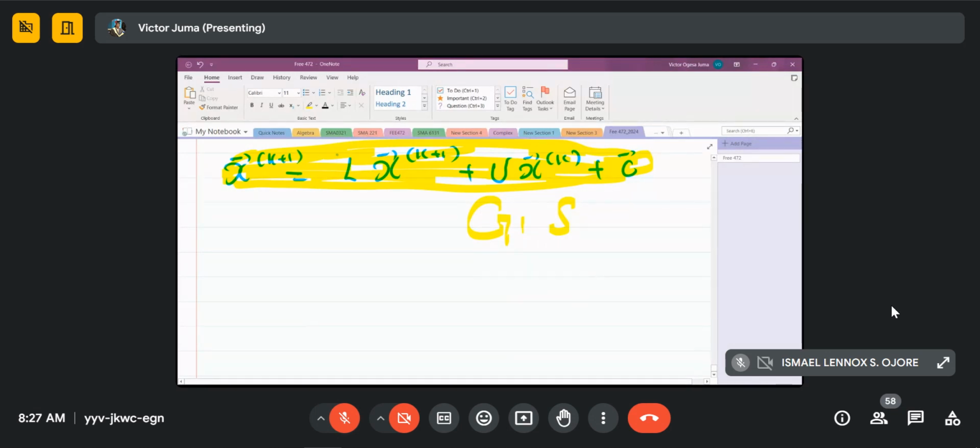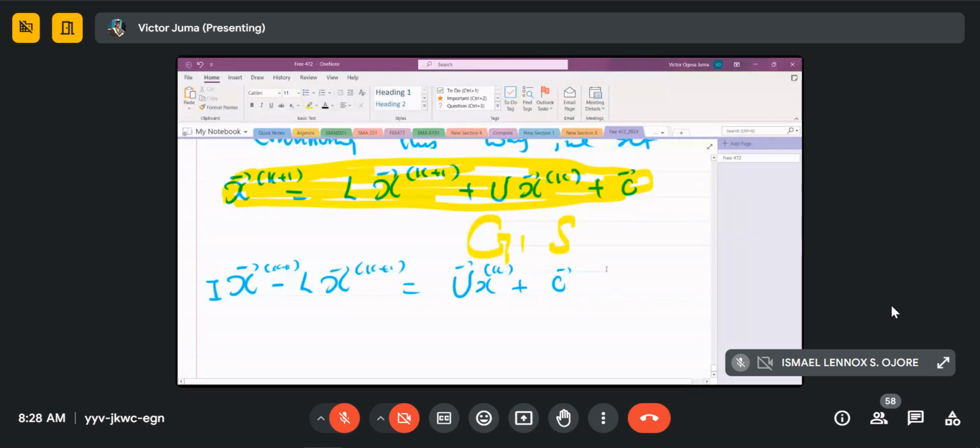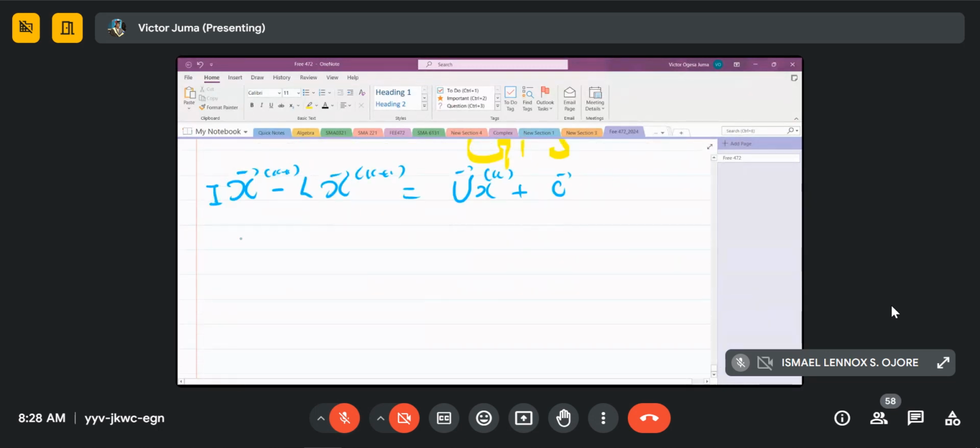So remember, for the Gauss-Seidel here, I can take this to the other side so that I have x, I can put here I, and then minus L x at k plus 1 is the same as U xk, and then plus C. And so after doing this, it means I can have here I minus L into x at k plus 1 is the same as U into xk and then plus C. So since you have an identity matrix, this is diagonal, then this cannot be singular.